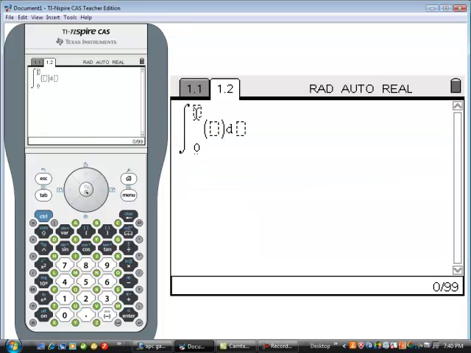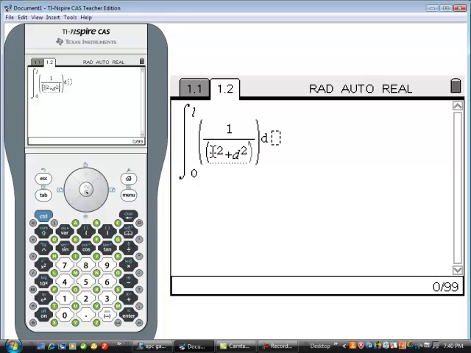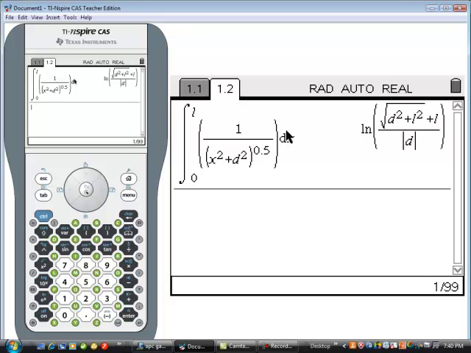We're going to integrate from 0 to L. I'm going to plug in my fraction, which is going to be 1 over x squared plus d squared, and that is raised to the 0.5 power, and I'm integrating this with respect to x. And so when I do so, I get that value right there.